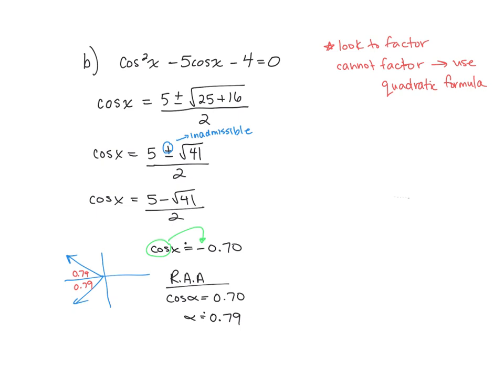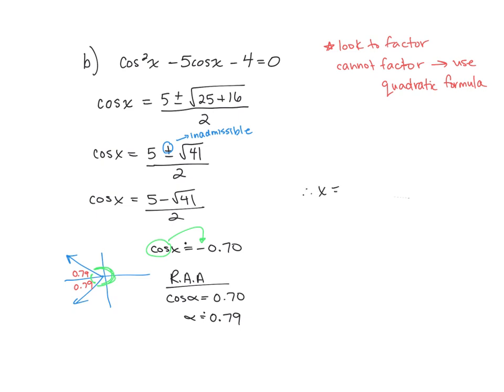Now, once I have my related acute angle, I can find those actual values of x. And what I'm hoping we'll notice, because we have to write general statements, these terminal arms are not equidistant from each other. So I know I'm going to have to write two statements. So at this point, let's do this all at the same time.